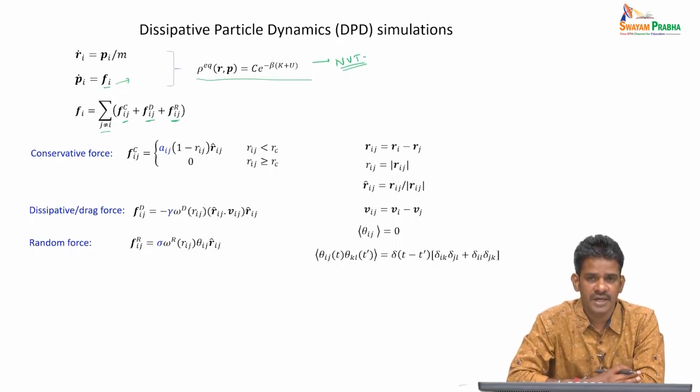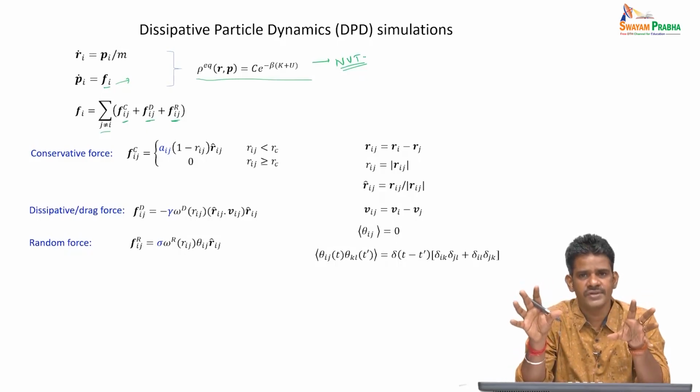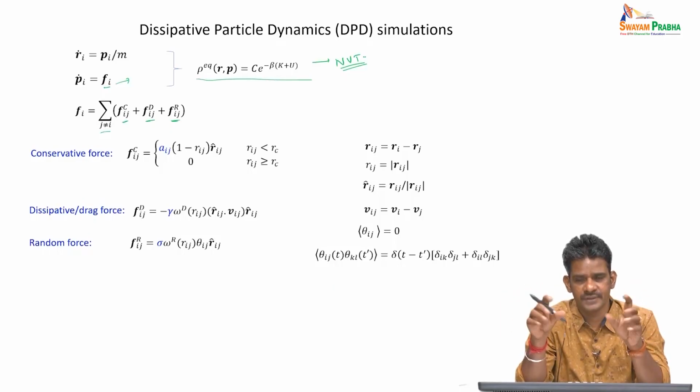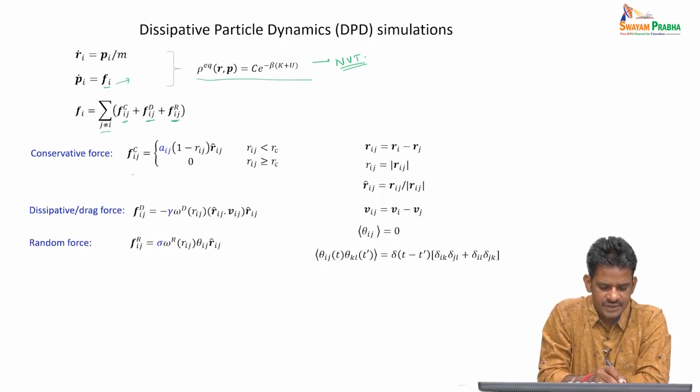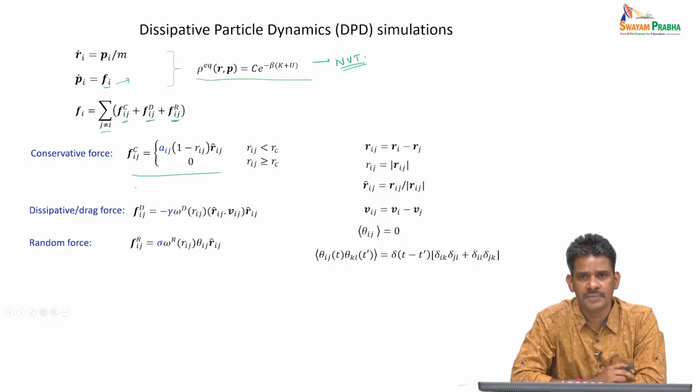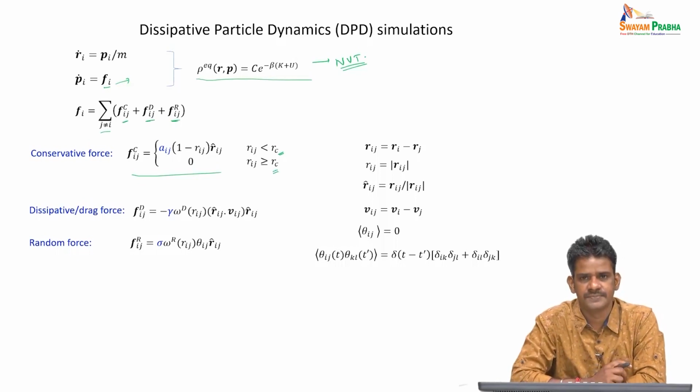Now if you look at the conservative force, again we are not thinking about DPD beads as individual molecules, but as a large collection of molecules treated as one soft sphere. The interaction between those spheres is considered to be a very simple soft repulsive force given by a simple linear law. Here this force is given only up to a certain cutoff distance RC. Beyond this RC, it is basically 0.